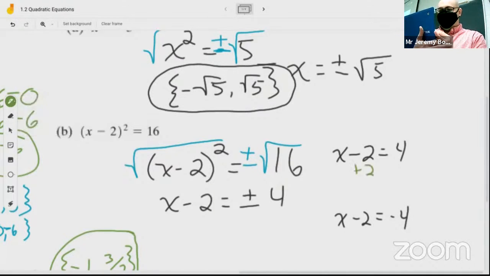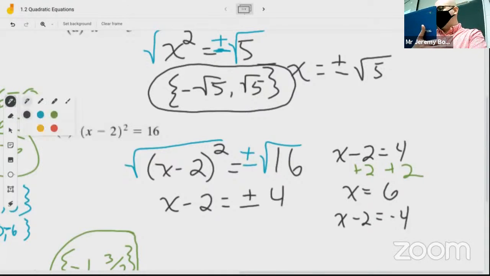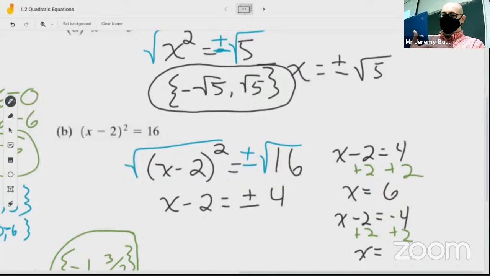So if I add 2, I'll get x is equal to 6. And on the other one, if I add 2, I get x is equal to negative 2. So the solution set for that one would be negative 2 and 6.